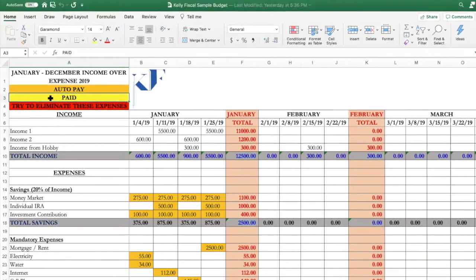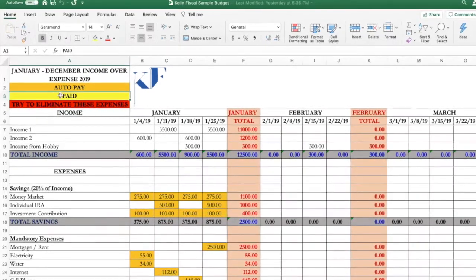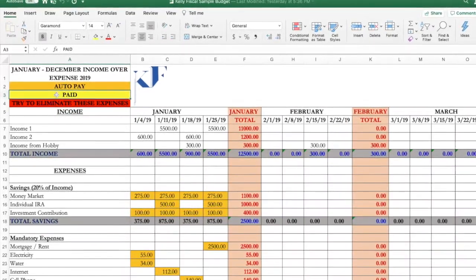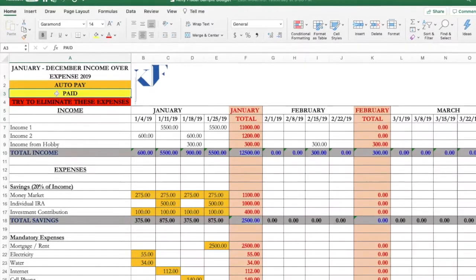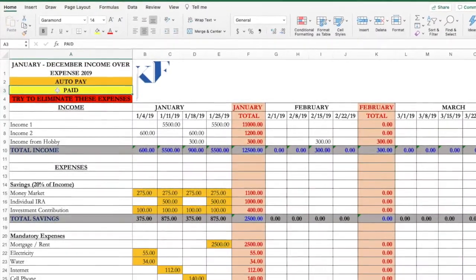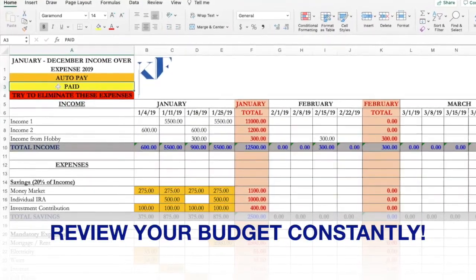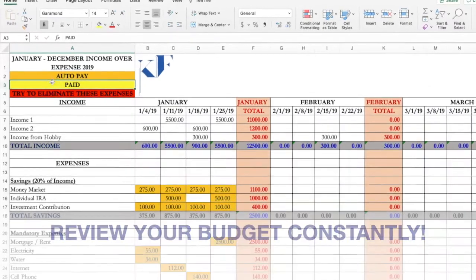Because in order for me to color code an expense as paid, I have to be reviewing my budget on a monthly basis or on a weekly basis. So you have to make sure you get in the habit of reviewing your finances and your budget on a weekly basis.